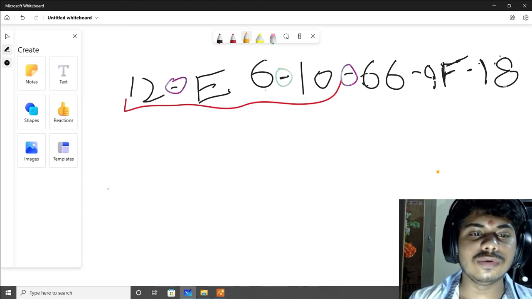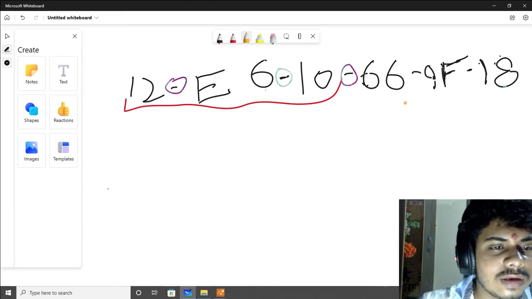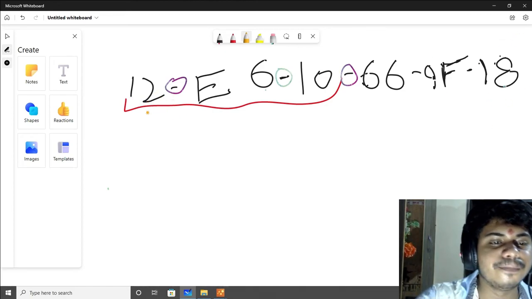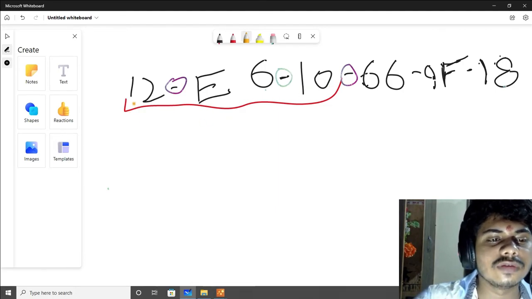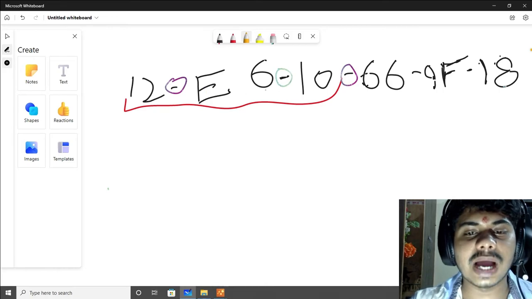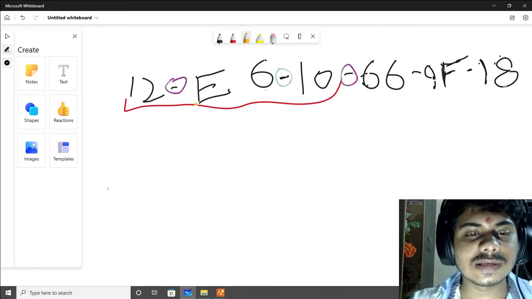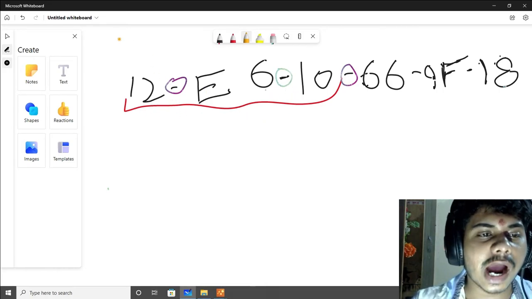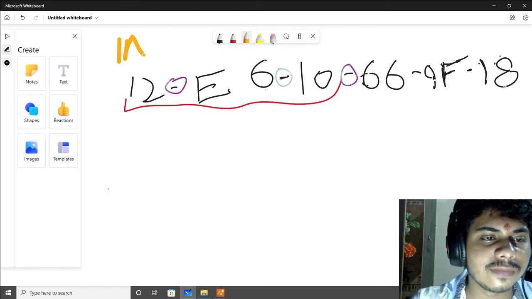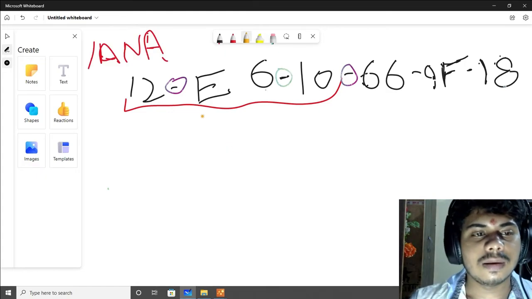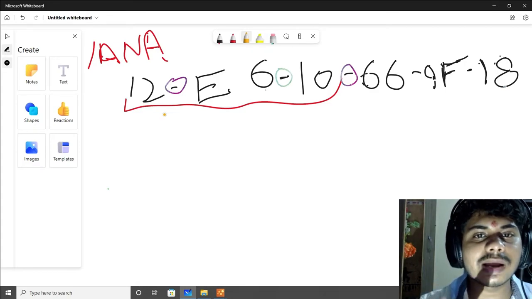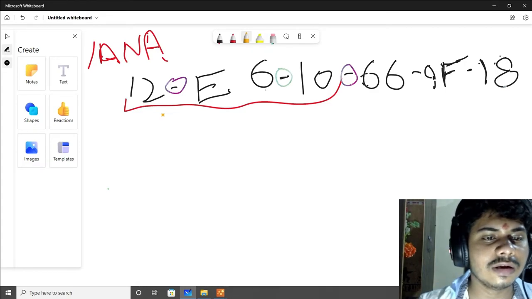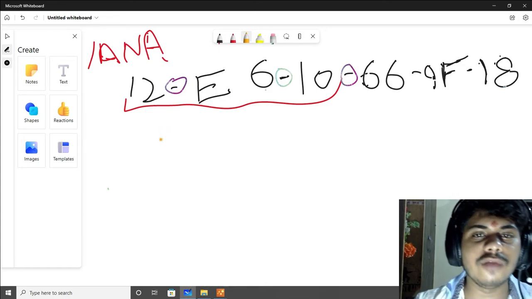So the beginning of this 6-digit MAC address, which means the first 6 digits, will come from IANA. I will write here IANA. So now IANA has assigned half of the MAC address to that brand for them to manufacture with.